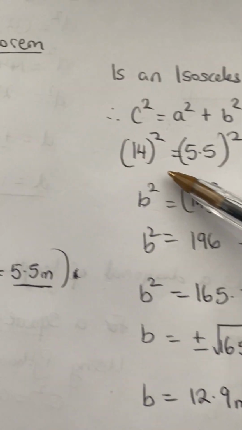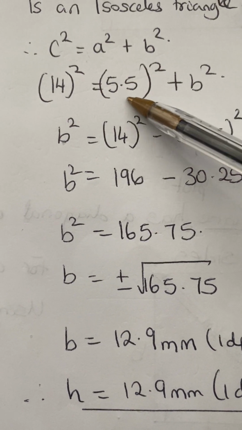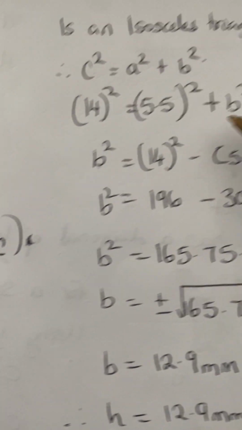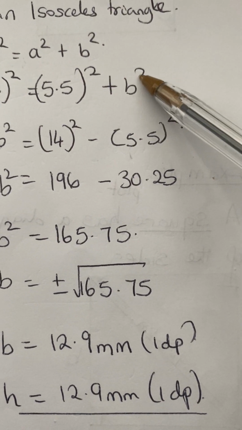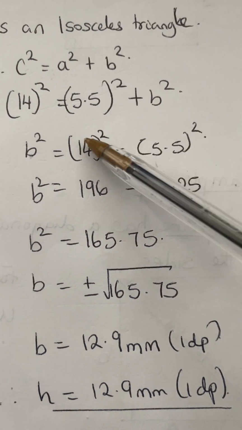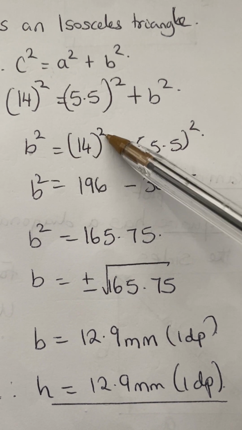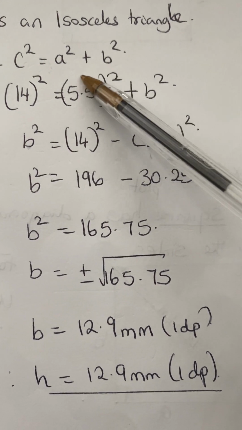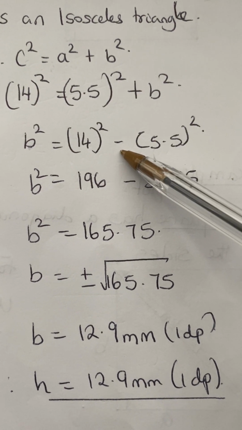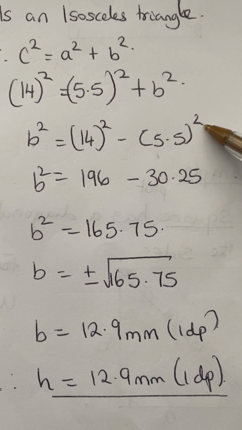So c is 14, a squared is half of the base, which is 5.5, and then we want the height. Now b squared will be equal to 14 all squared. Immediately we move this to this side, it becomes minus 5.5 all squared.